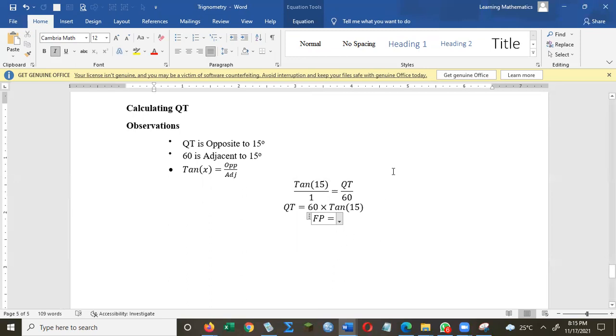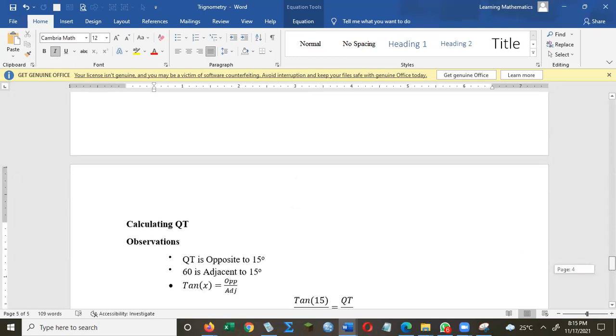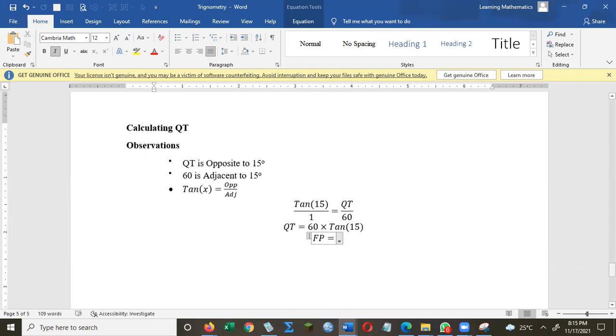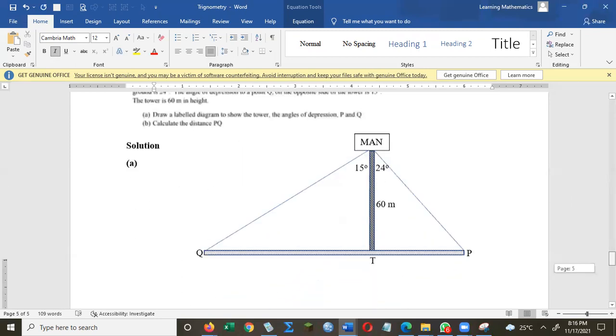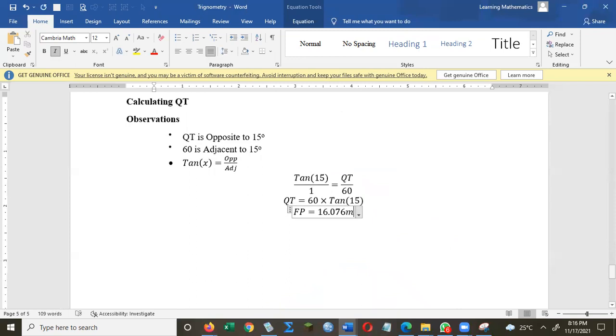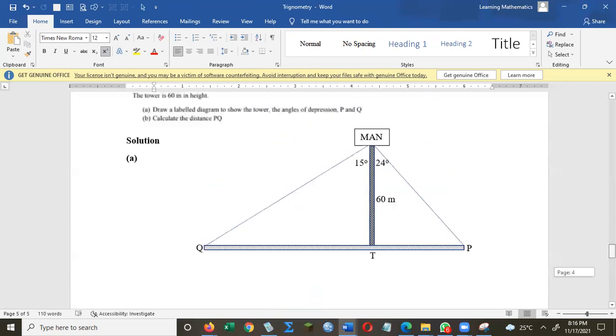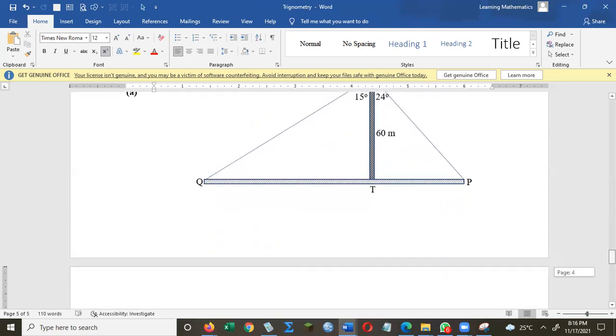It's 16.1. They did not tell us how many decimal places. Just calculate the distance, so you can settle for 16.1. All right. So we have found what is QT. What we're missing to find now is PT.